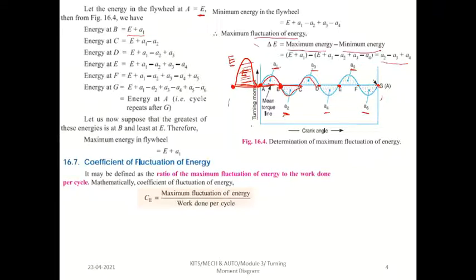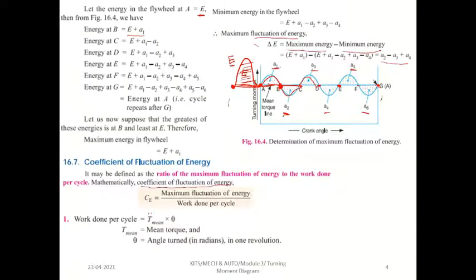To solve the problems, we need one more data, that is the coefficient of fluctuation of energy. Coefficient of fluctuation of energy means maximum fluctuation of energy divided by work done. Work done means T into theta, torque into theta, where theta means angle turned in one revolution. How can we find the mean torque?